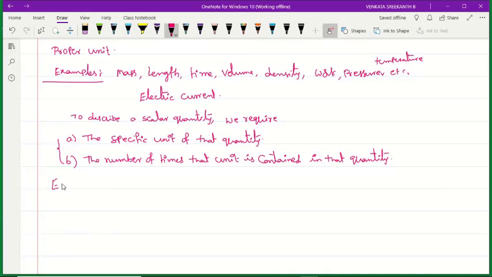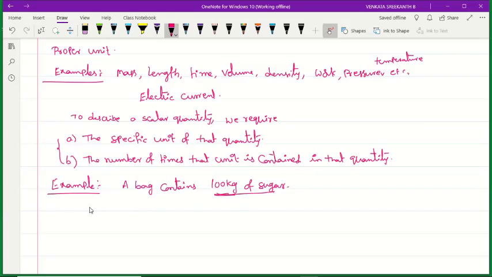The example is: a bag contains 100 kg of sugar. Here, 100 kg of sugar is a scalar quantity.